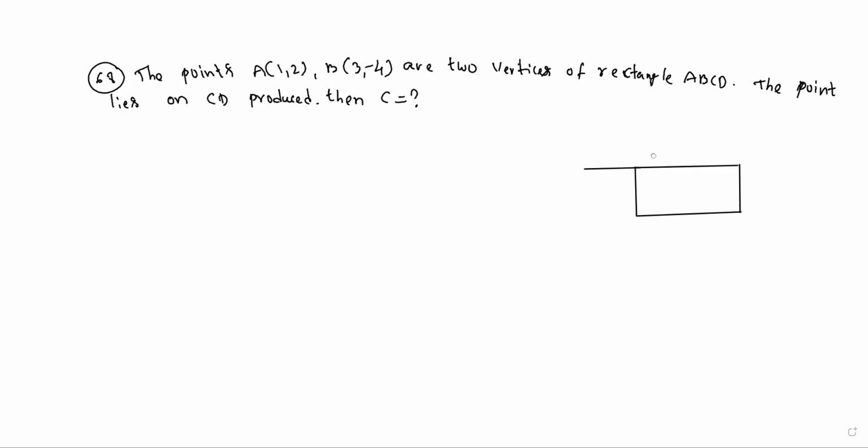Now here the point A is given. A is 1 comma 2. This is C, and this is D point. This is a produced line on the line. The point P is given. That is P(3, 8), which lies on CD produced. Okay. Now the P point is lying on this same line, 3 comma 8.